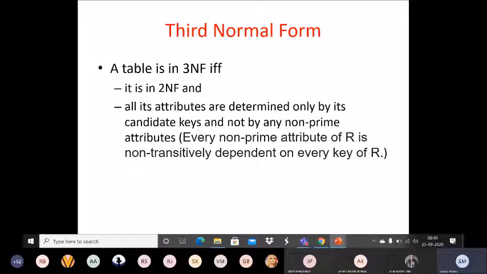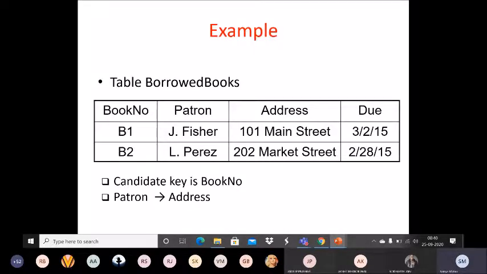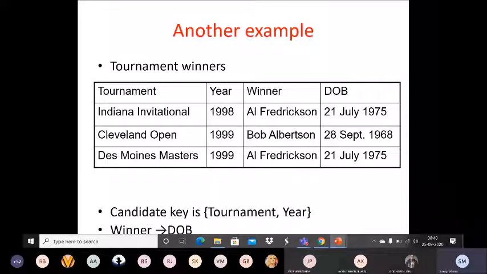Just take a look at this example. Here tournament and year together are the candidate key. Now if tournament is determining something, it is still in 3NF.